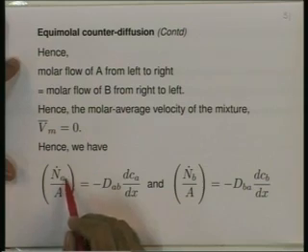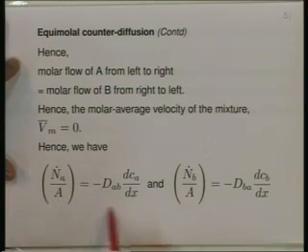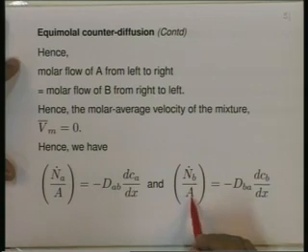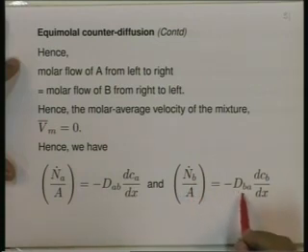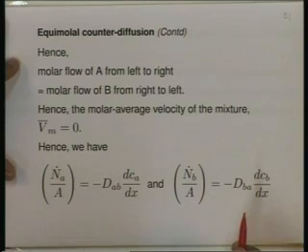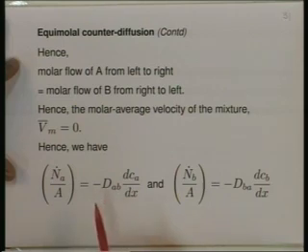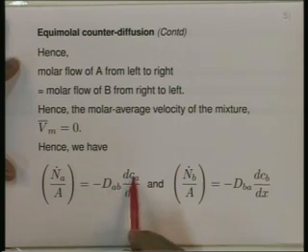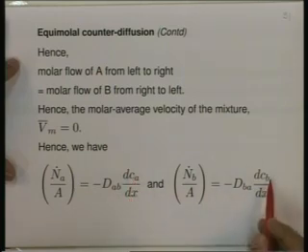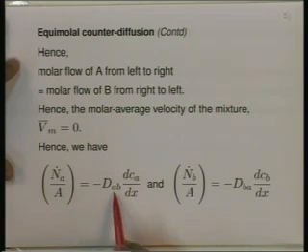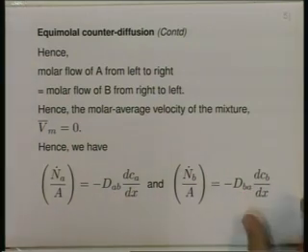So, we have the molar flux of A provided by Fick's law as minus DAB dCA by dx, and the molar flux of B is minus DBA dCB by dx. We use this expression because we have already demonstrated that the total molar density C is a constant. So, we can write this in terms of dCA by dx and dCB by dx. Again, we will make use of the fact that DAB equals DBA.